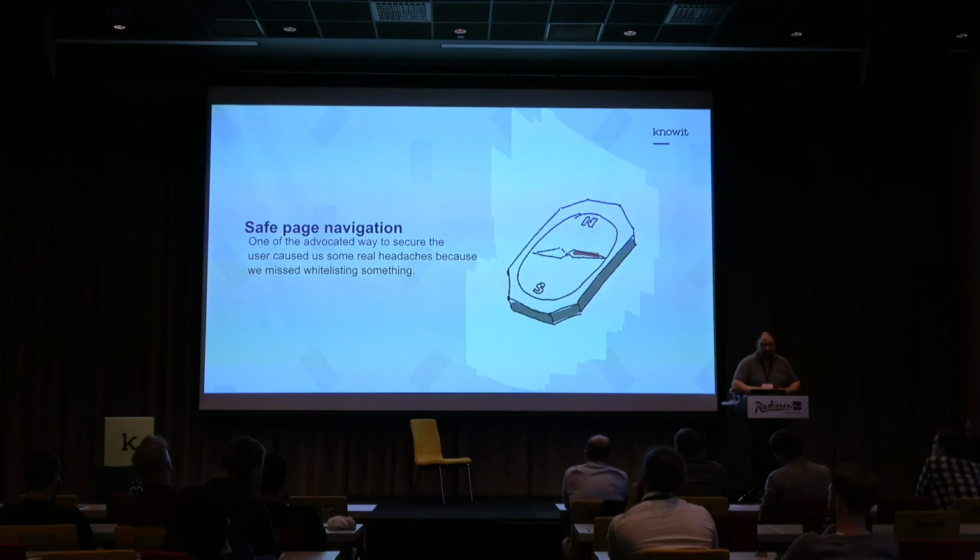Another bug we found this week is page navigation. When you open a browser window, you say you load a URL, and on the first load, it usually doesn't give a page navigation event, unless it's Windows 10. Then you get the first load as well.